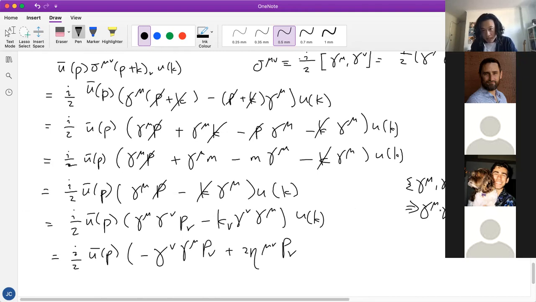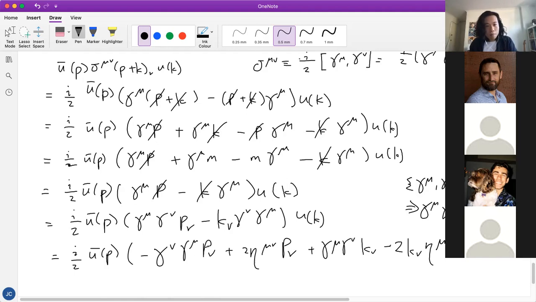And then this is going to be the same, except just flip the indices around. So same thing for the K term. So I get plus gamma mu gamma nu, so I'm swapping the nu and mu's order around, and then K nu minus 2 K nu eta mu nu. Okay, that is correct. Just being careful.